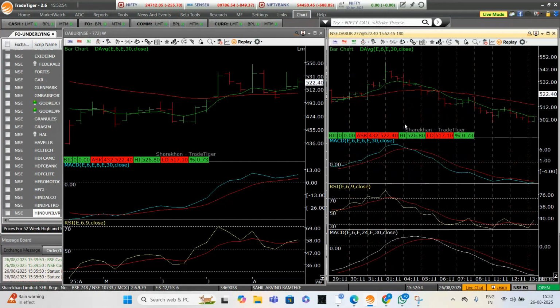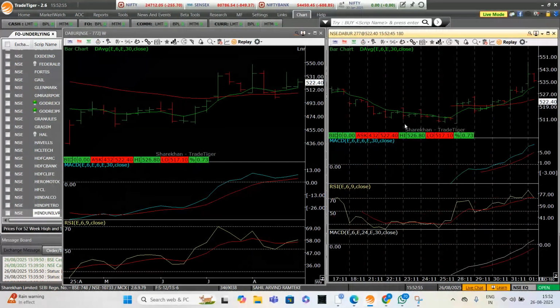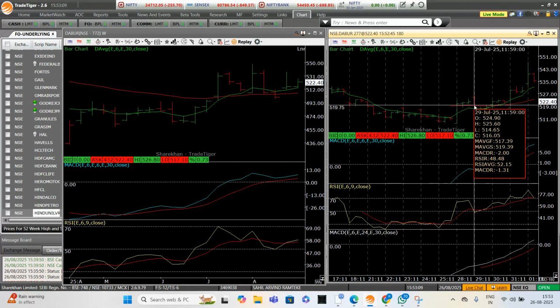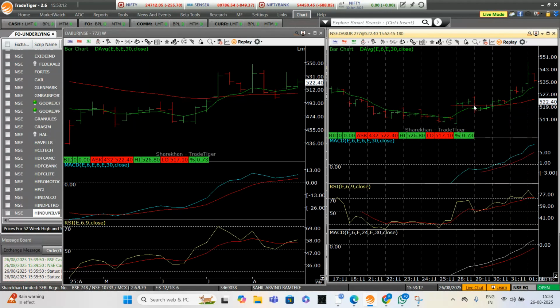Just a moment. Okay. This is the day, 28th of July. We can see the prices have closed above H3 E6. What is the H3 E6? It is 514. So whenever the prices come to 514, see here the price is 514, here you can buy. The recent low before the buy was this only, that is 508.